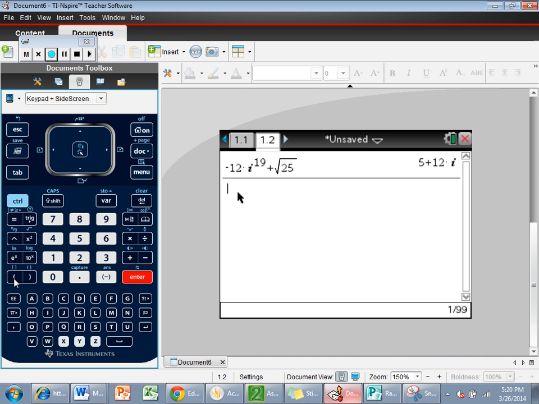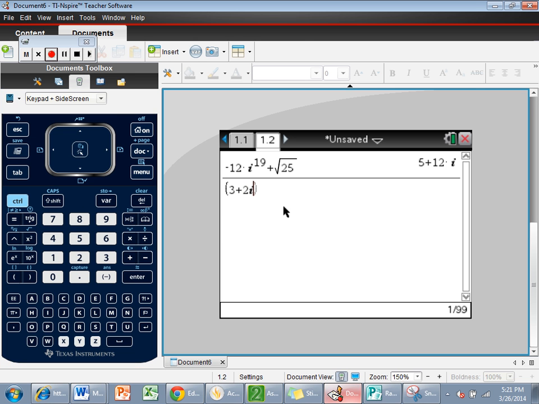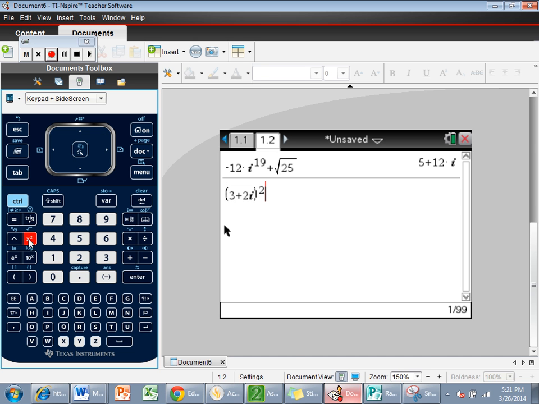And then I just have to check out the other one, which was 3 plus 2i squared. And that also gives me 5 plus 12i.